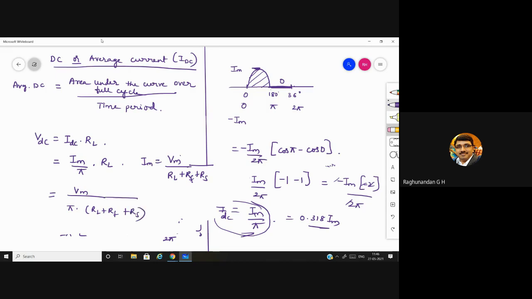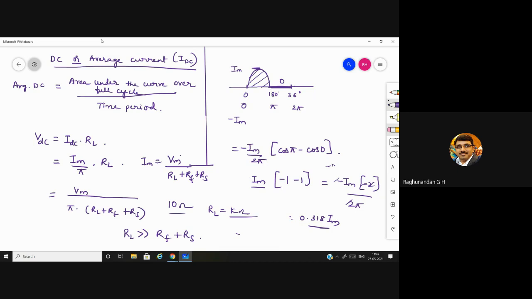But when you consider the load resistance, the forward resistance and the winding resistance, the load resistance is very high compared to the forward resistance, because the forward resistance is very low, usually around 10 ohm. 10 ohm is nothing with respect to the load. RL is usually in terms of kilo ohm.